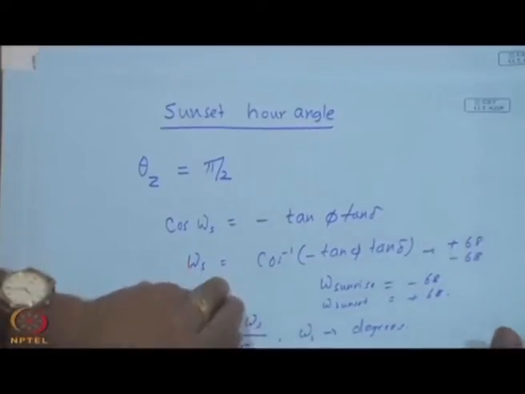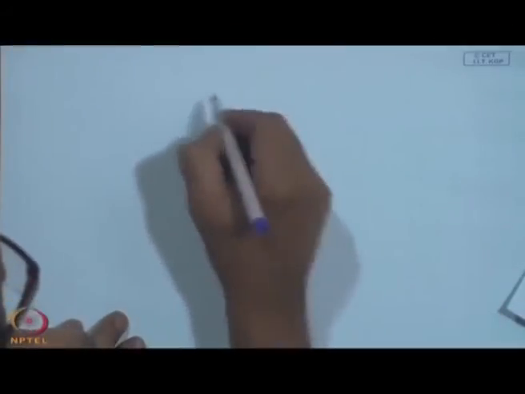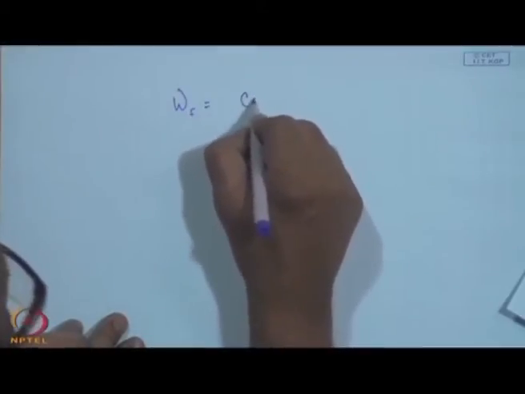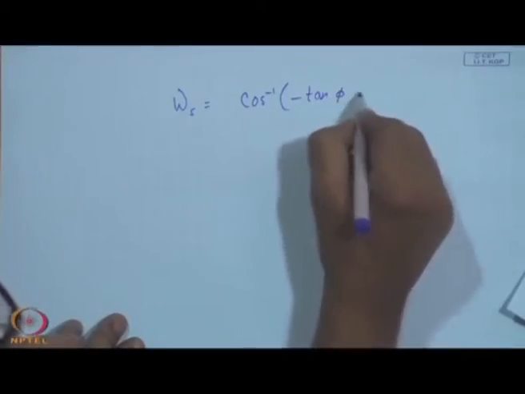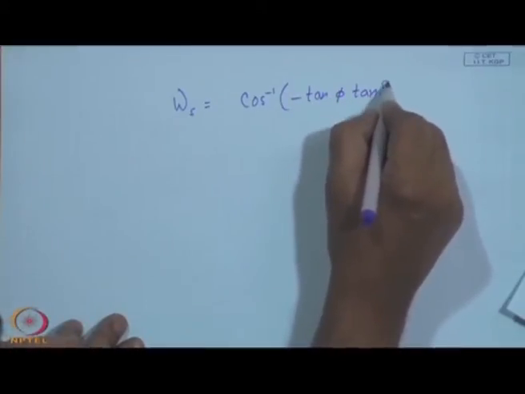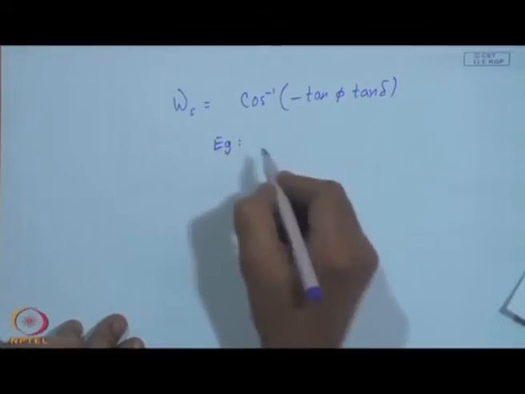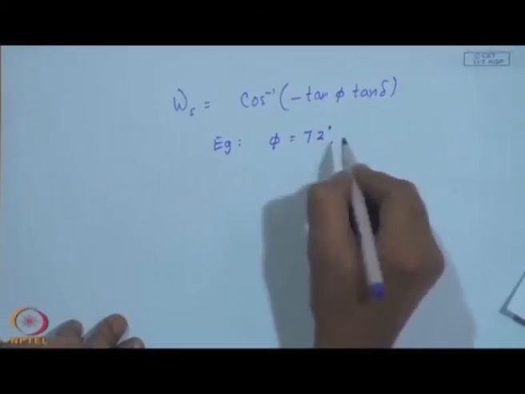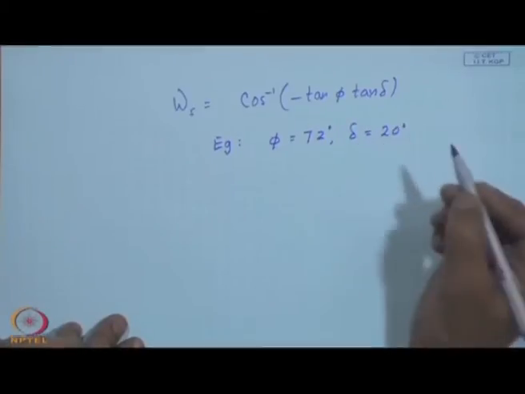Now, this equation gives some problems. As an example, later on we will formalize it mathematically. Let phi be 72 degrees, delta be 20 degrees.